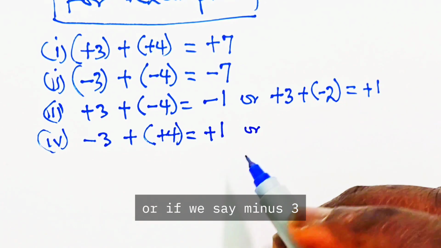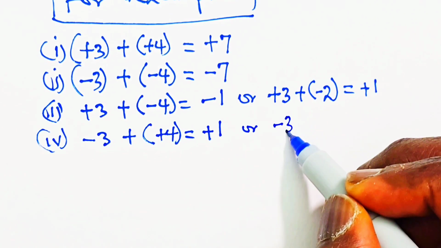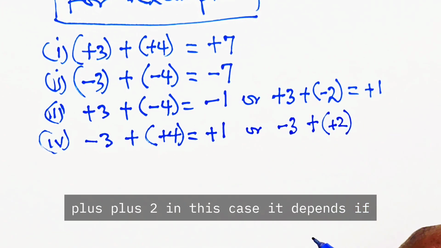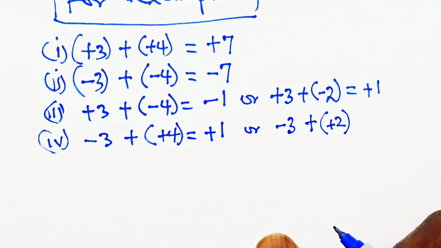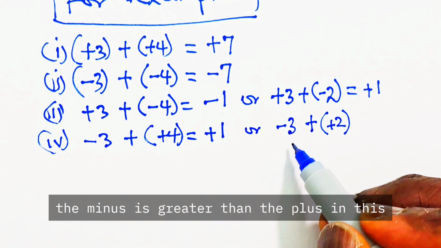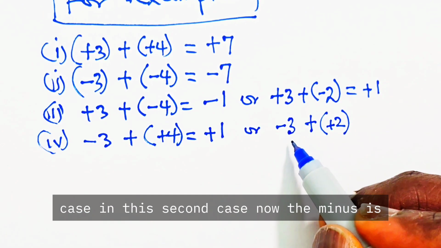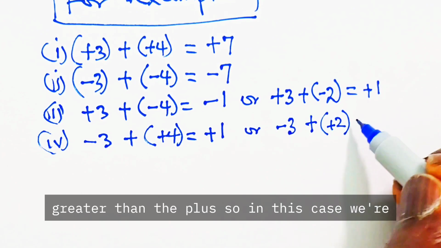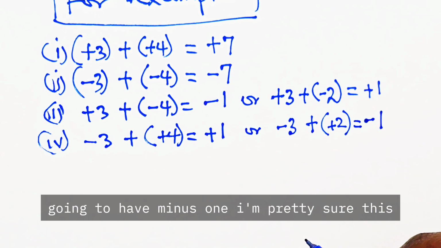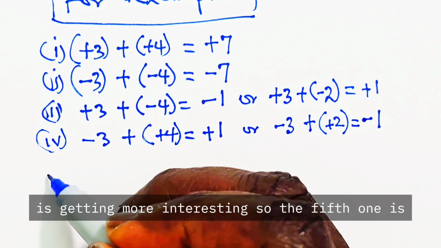Or if we say minus 3 plus 2, it depends on whether the minus is greater than the plus. In this second case, the minus is greater than the plus. So in this case, we're going to have minus 1. I'm pretty sure this is getting more interesting.